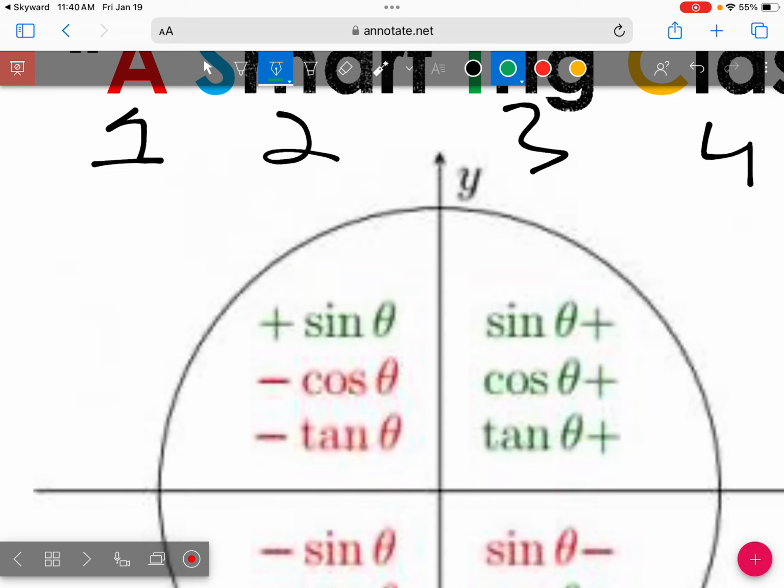If sine is positive in the second quadrant, cosecant is also going to be positive. And so then what's the sister function for cosine? Secant, right? So in the second quadrant, secant is going to be negative.